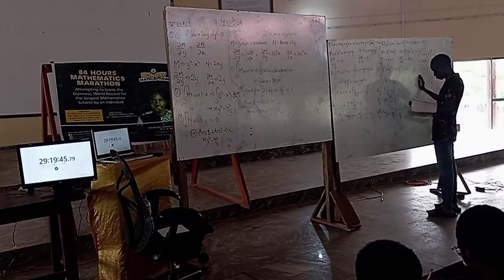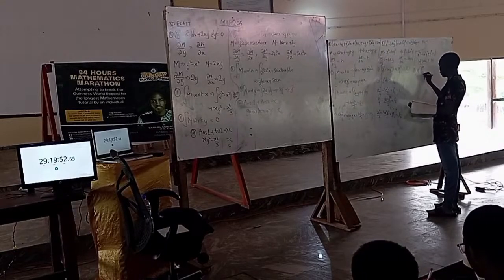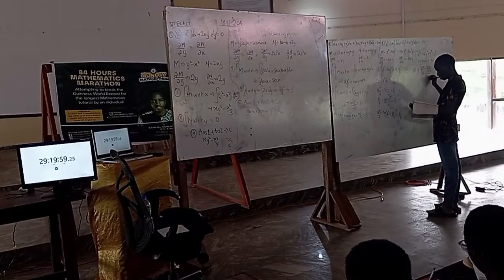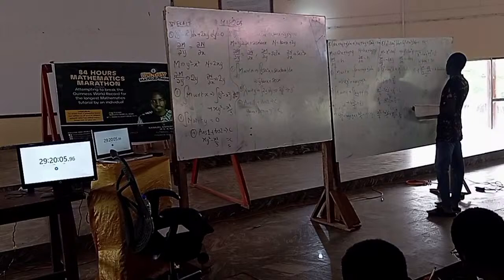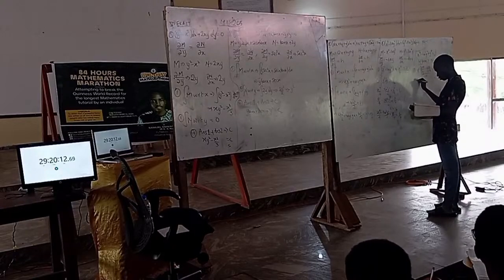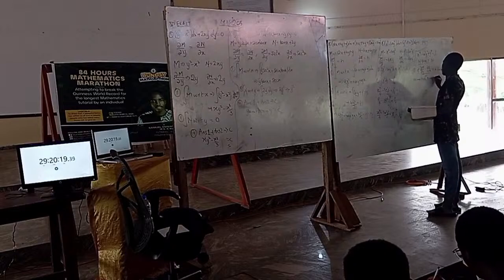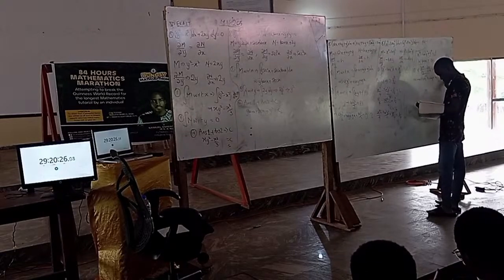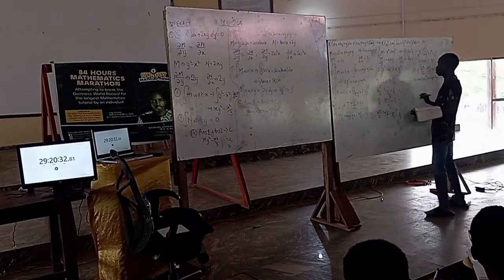Rule number 1: if partial M partial y minus partial N partial x over N is a function of x alone, then multiply through by the integrating factor exponential of the integral of f of x dx.